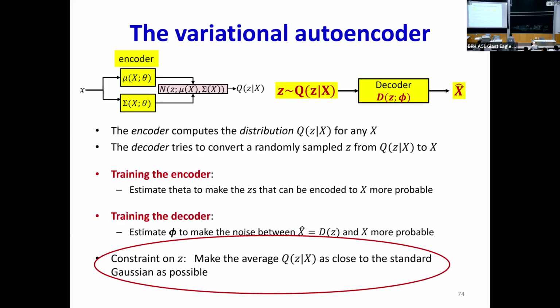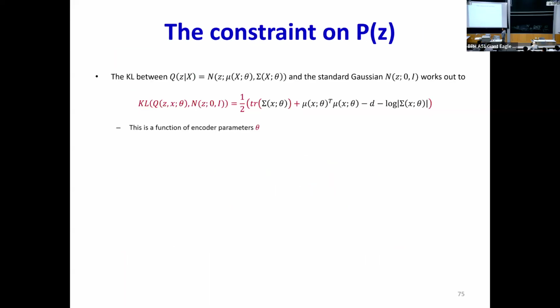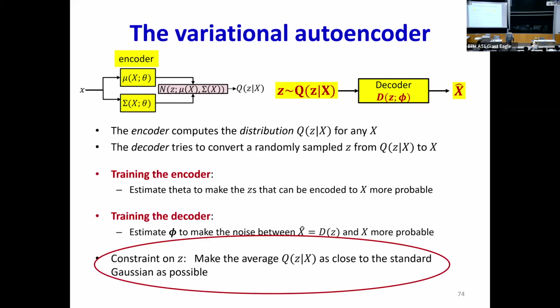And so, of course, we have the constraint on Z. You want to make the average Q of Z as close to a standard Gaussian as possible. And what is the KL divergence between the Gaussian Q and a standard Gaussian? We have a nice closed form formula for it. It's on the slide. So this term was simply the average KL divergence between Q of Z given X and a standard Gaussian, right?